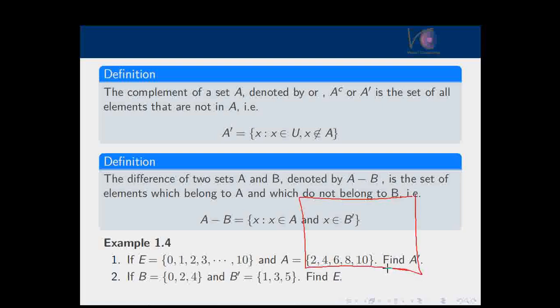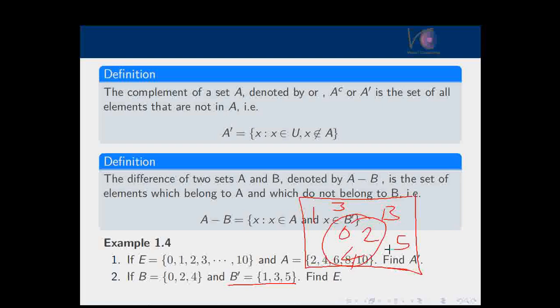We only have one set in the Venn diagram, and this is set B. Under set B, we have the elements 0, 2, 4. Then B complement implies the elements that are not in B, and if they're not in B, they are in the universal set. So outside B, you have 1, 3, and 5.